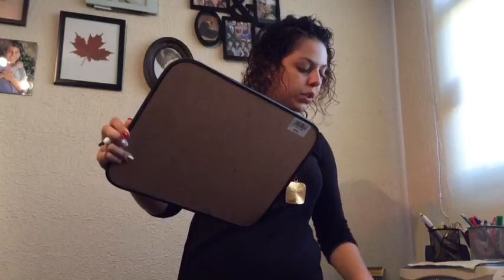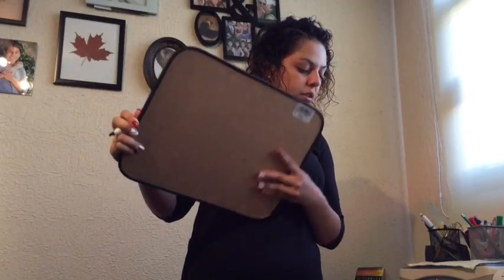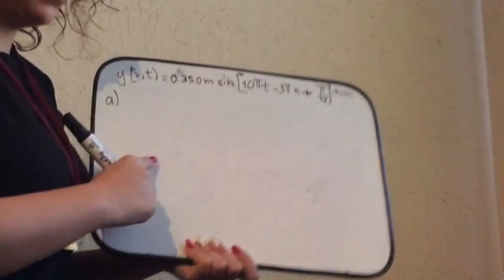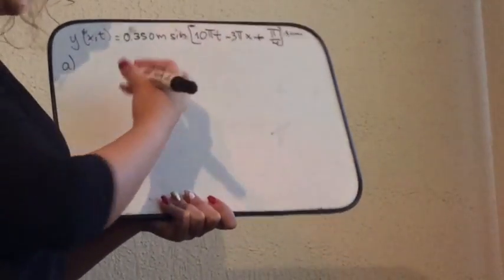And letter A asks what is the average rate at which energy is transmitted along the string if the linear mass density is 75. So here we have the information we're given.